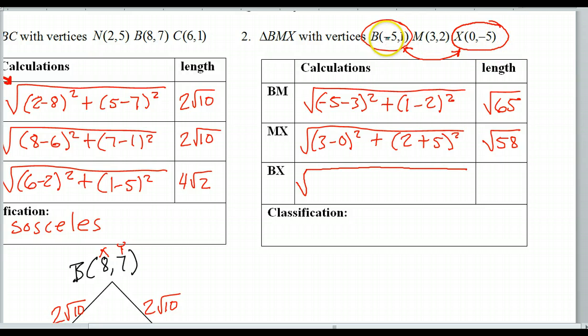So negative 5 minus 0 is my x minus x squared, and now my y minus y. So 1 plus 5 squared. Put that in your calculator. So that's square root of 61. All three are different, so this classification will be scalene.